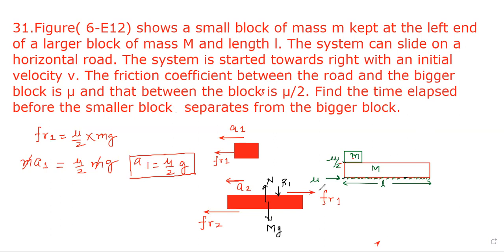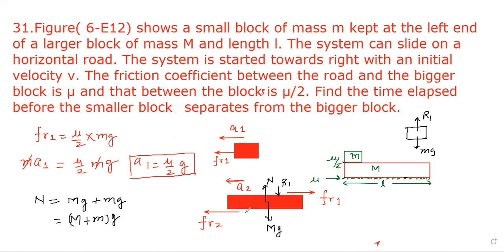The value of R1 can be found by considering the small block: its weight is small mg, and the reaction R1 is equal and opposite. So we can say that N equals capital Mg plus R1, and R1 equals small mg, so N equals capital M plus small m into g.